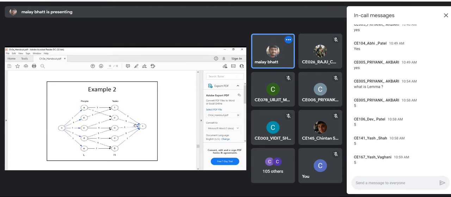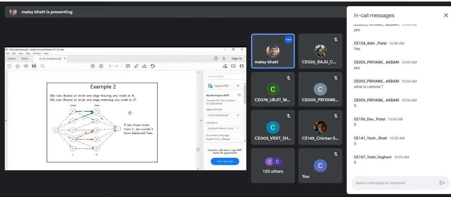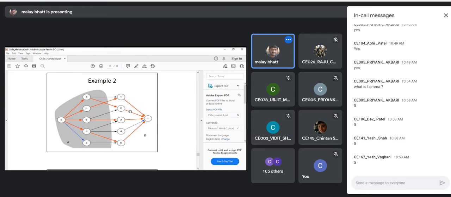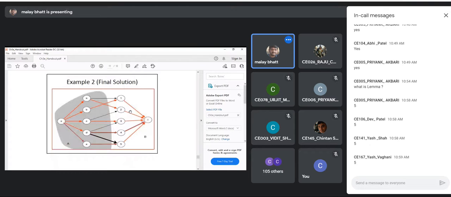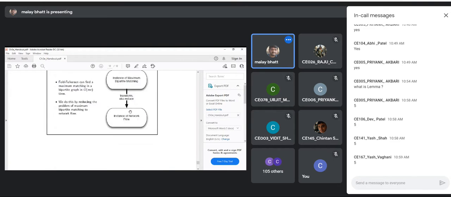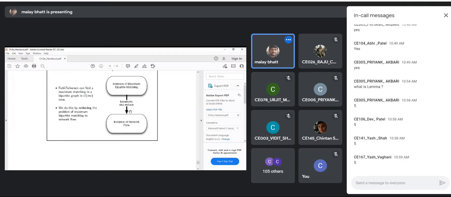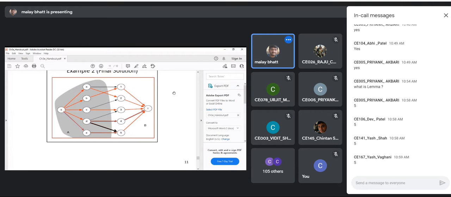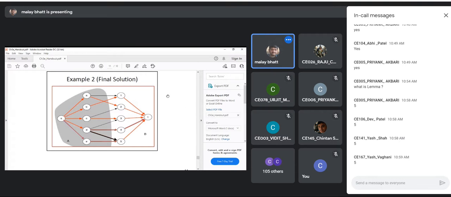Yes. So let us see. Because to save time, I am directly showing you the answer. It is 5. You can see here that A is connected to 2, node B is connected to 1.